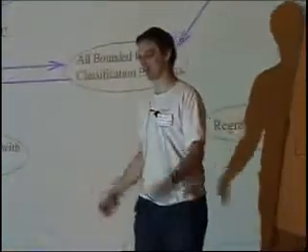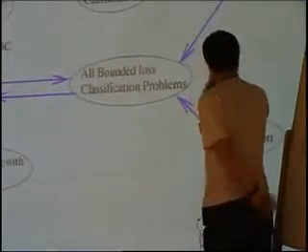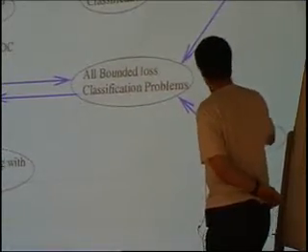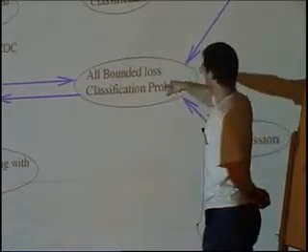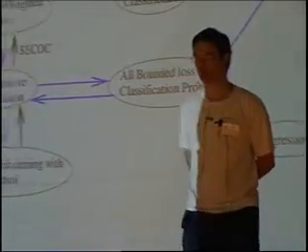Reinforcement learning is actually a pretty hard problem. And then you can embed various things into all bounded loss classification problems. So are there questions about this graph? It's a nice, pretty picture, I guess.